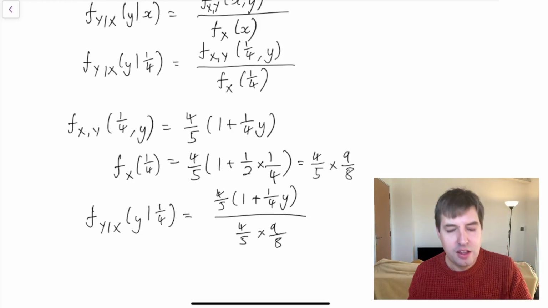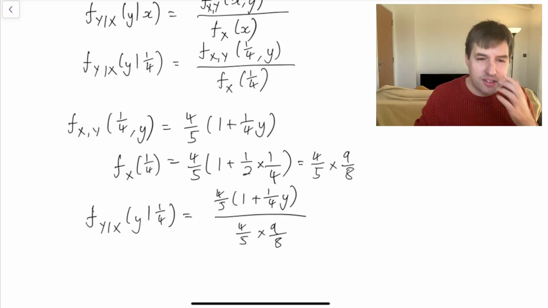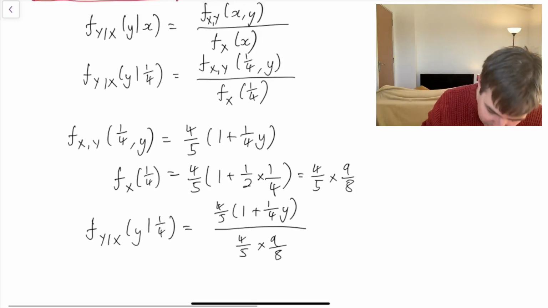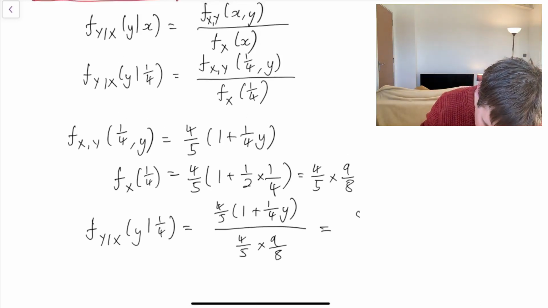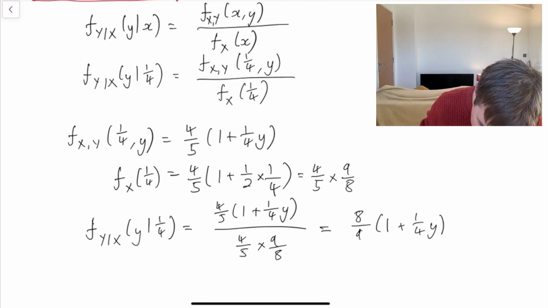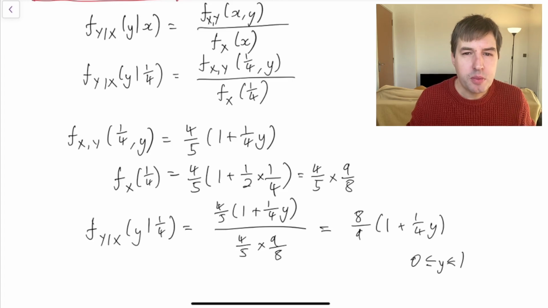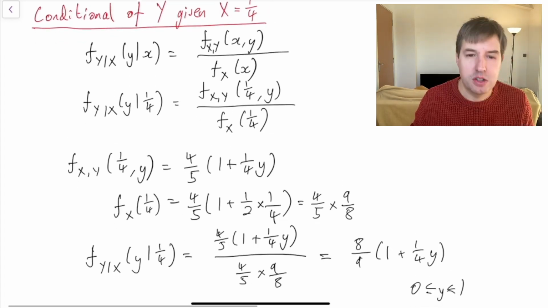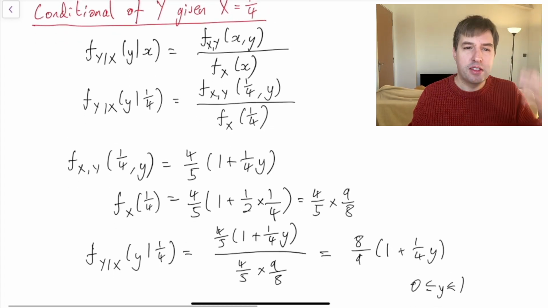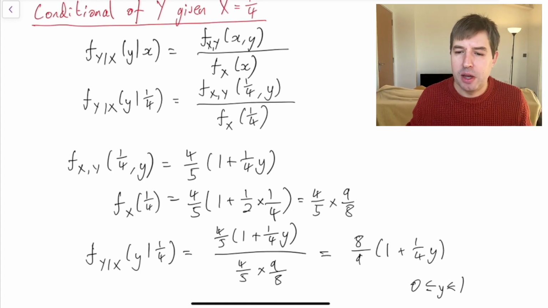And you can see that the 4/5 is going to cancel now in a pleasant way. So that's going to leave me with 8/9 (1 plus a quarter y). And again, that's for y between 0 and 1, because we know it's impossible everywhere else. So there we found the conditional distribution by taking the joint and dividing it by the marginal.